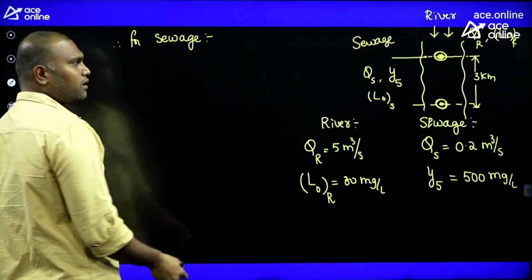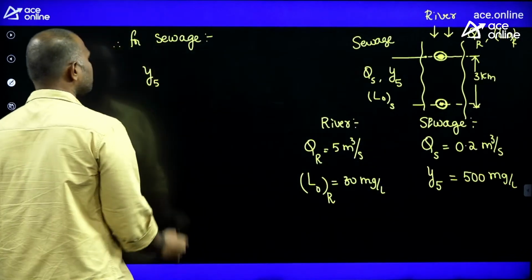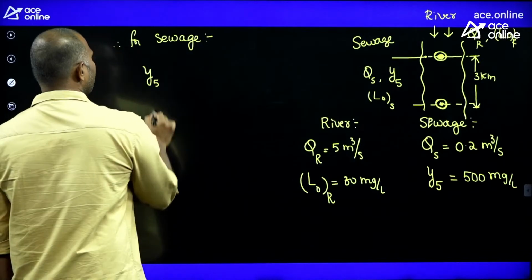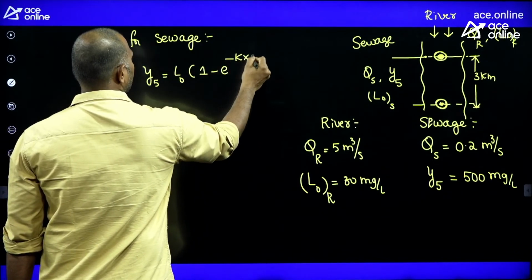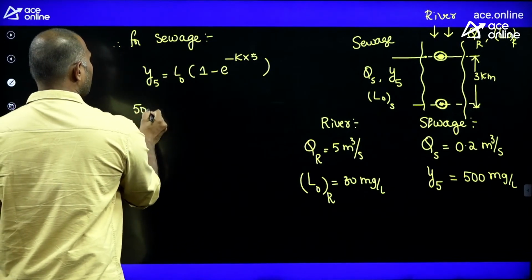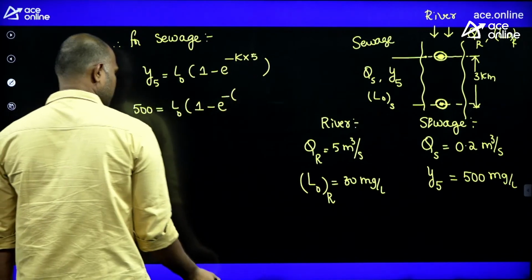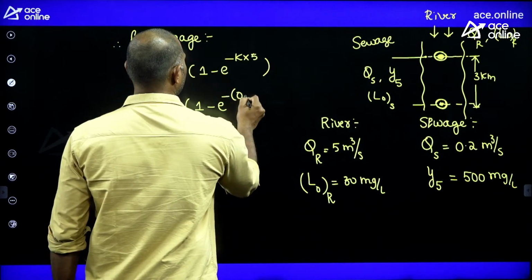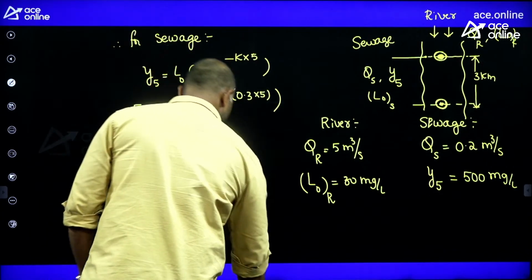For sewage, what they have given is the 5-day BOD, and they have given the K value at a certain temperature, right? 500 is equal to L0 into 1 minus e to the power of minus 0.3 into 5. So you will get L0. What is this L0 value?